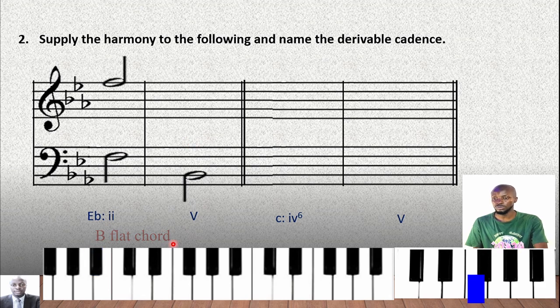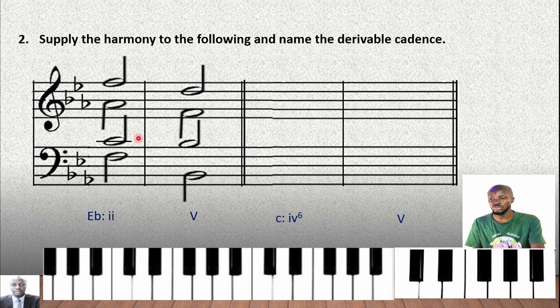So soprano goes this way, alto goes this way, then tenor goes this way, right? So that's our chord there. Progressing from chord 2 on E flat major to chord 5, the dominant chord on E flat major, which is B flat, D, and F, right? And in this case, we have chord 2 as F, A flat, and C.